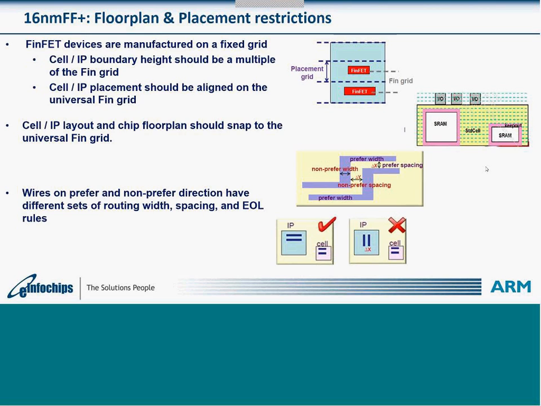So it has placed a big restriction on jogging, as well as additional restriction on IP development, because earlier than 16 nanometer technology, IP could use a different direction for routing, as well as our top level can have a different direction for preferred routing. So there is a difference now.